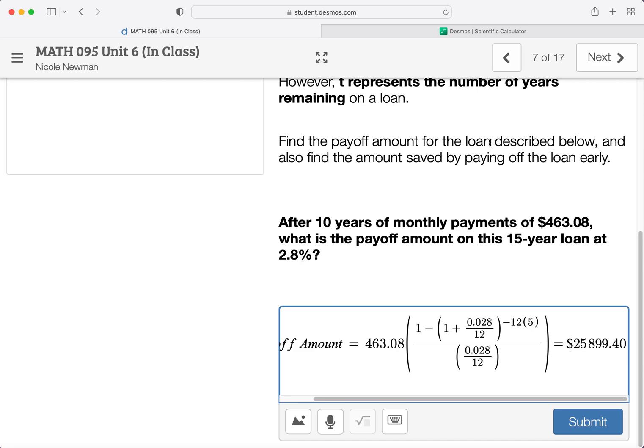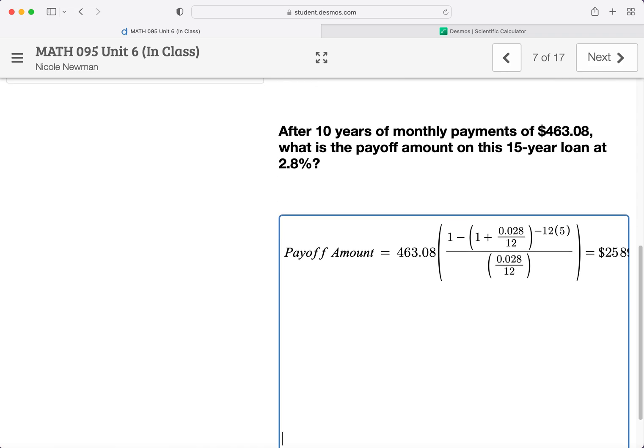So that was the first part of the question. Find the payoff amount for the loan. Also find the amount that is saved by paying off the loan early. Let me give us a bunch of space.